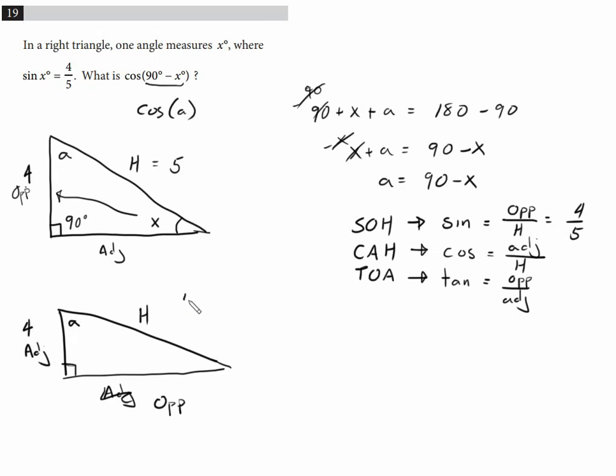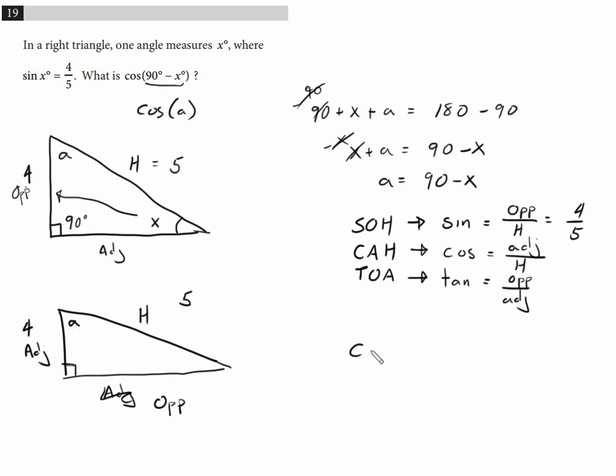And we still know these two numbers. Yes, this side is 4 and this side is 5. So the cosine is adjacent over hypotenuse. Here, conveniently, 4 is the adjacent and 5 is the hypotenuse.